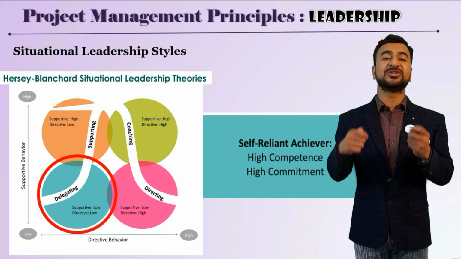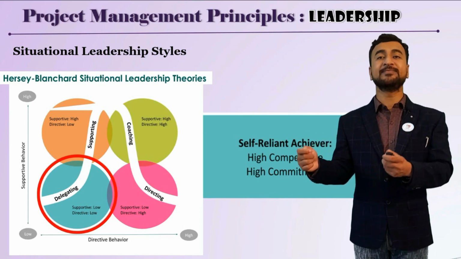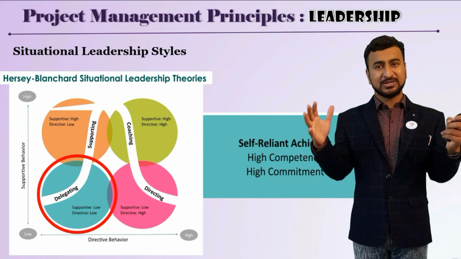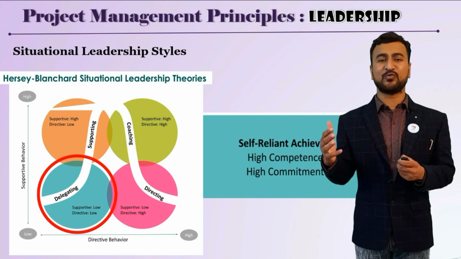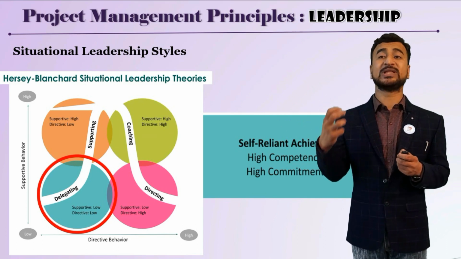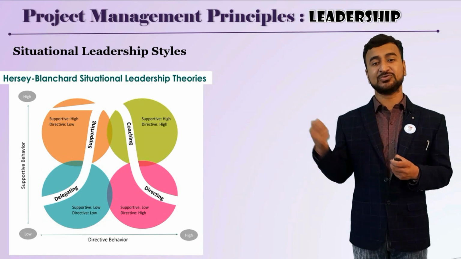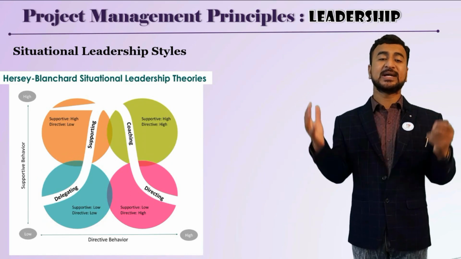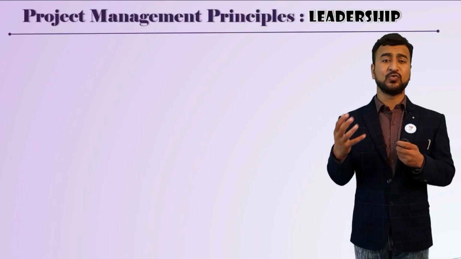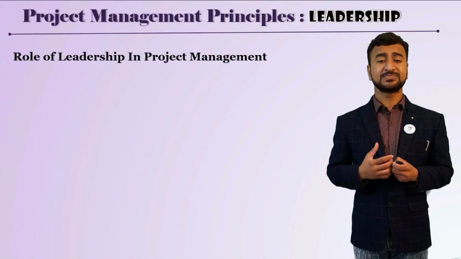It's your responsibility to delegate the task to the team and enjoy the show, meaning how they are performing. So that is delegation. They have that self-confidence and you empower them to achieve bigger and better things. So these are the situation-based leadership style approaches that you have to apply based on the given situation.